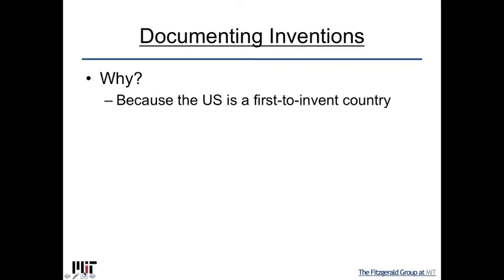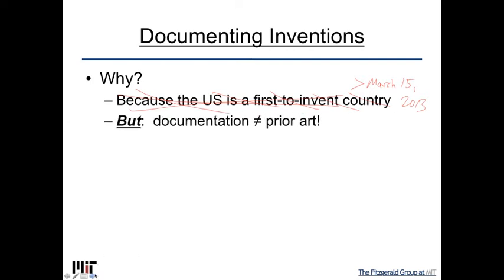Even though this is not the case anymore, just in case nobody's listening, this is no longer true after, I think it was March 15th, 2013. So that's not the case anymore.